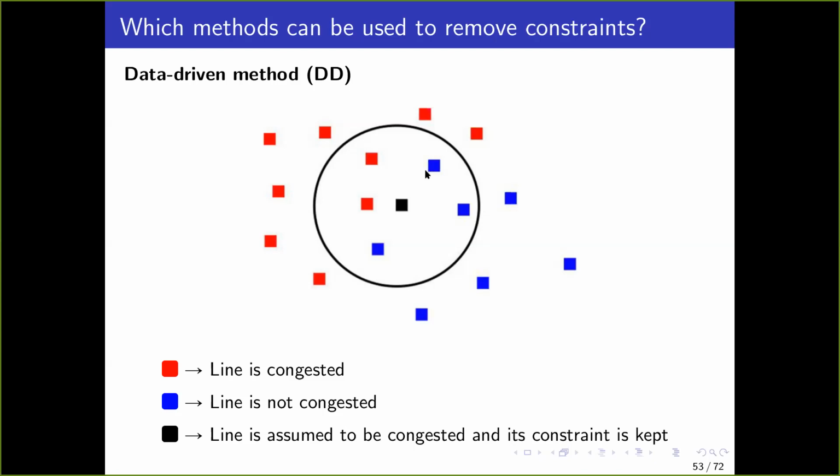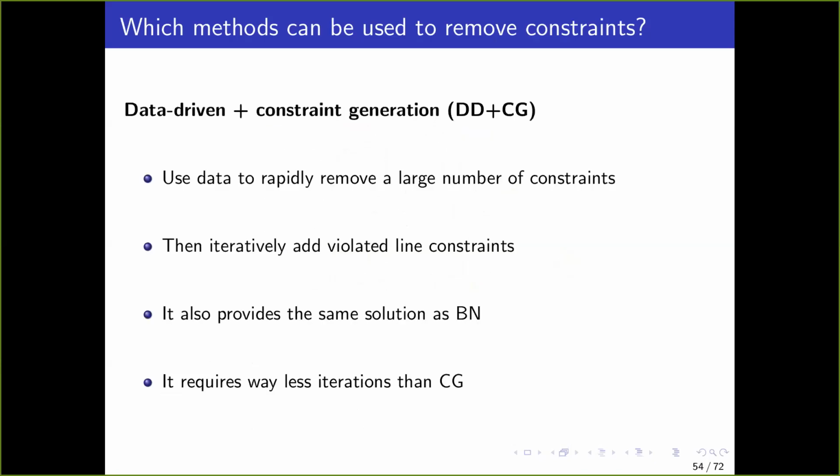Even though there are 3 cases in which the line was not congested, we have some in which it was congested, and I am very risk-averse. So I'm going to say that the prediction is that the line may be congested, so I better keep that constraint. And finally, we have a combination of the data-driven and the constraint generation.